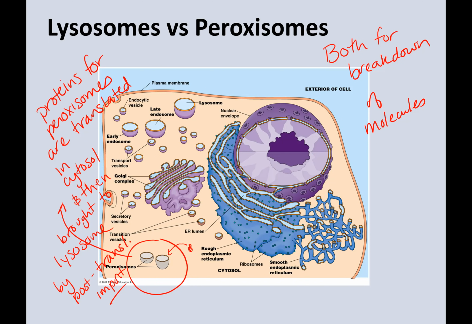Peroxisomes are also made, and this gets a little confusing. Some places say they're made from vesicles in your Golgi, but then they would be part of the endomembrane system. Some say the membranes are made by the phospholipid exchange proteins, which we learned about last chapter or two.